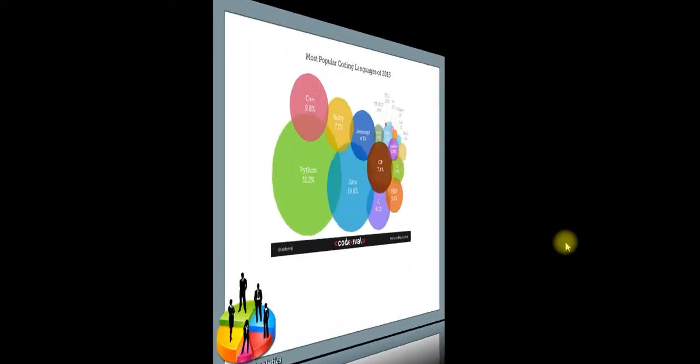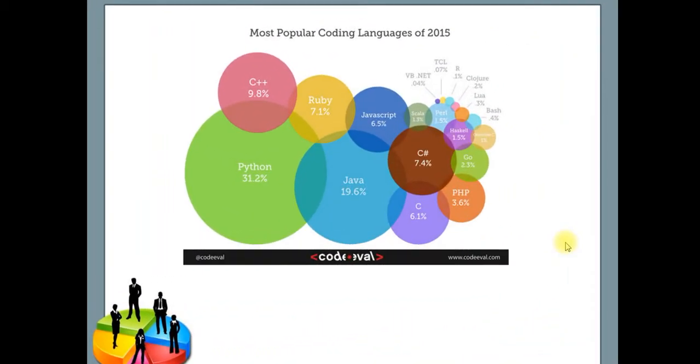But at the same time, let's do a sidebar here real quick on the most popular coding languages as found in 2015. Some of these are scripting languages. Python's more of a scripting language than coding. But anyway, they are languages. It's like when you hear about learning how to speak Japanese, it's very difficult.